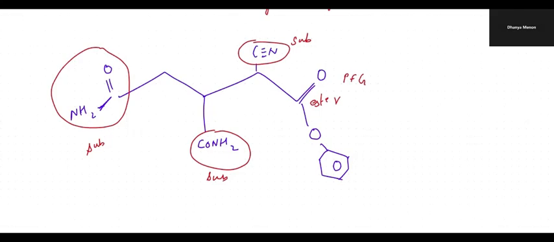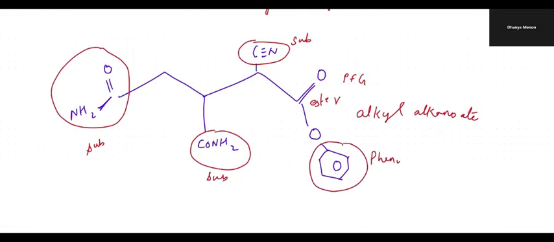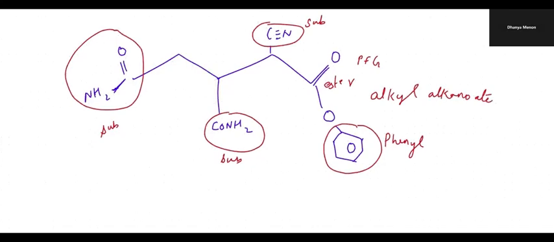So if ester is the primary functional group, then it is given the suffix alkyl alkanoate. And what is the alkyl that is here? That is phenyl. It is not benzyl, one hydrogen removed from the carbon atom of the benzene ring. So that is phenyl. So always whenever we are naming the ester, first we write down the name of the alkyl group, that is phenyl.